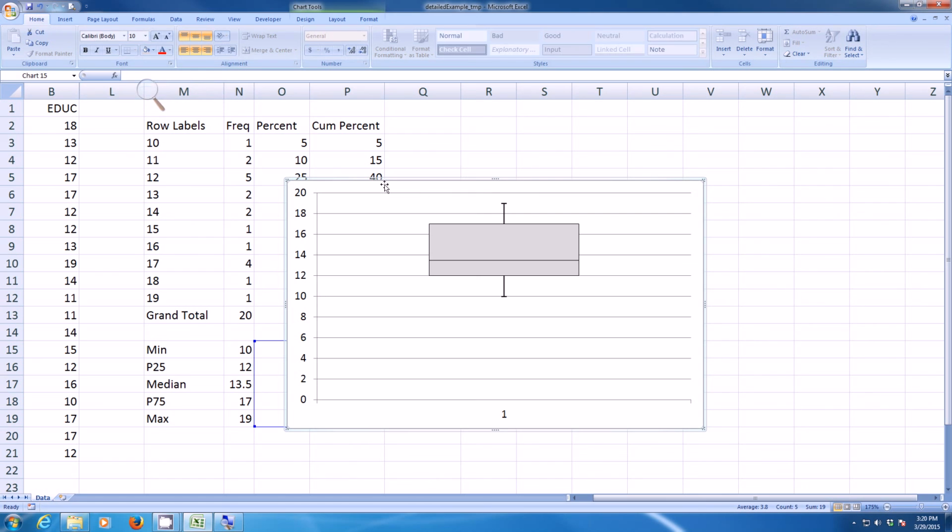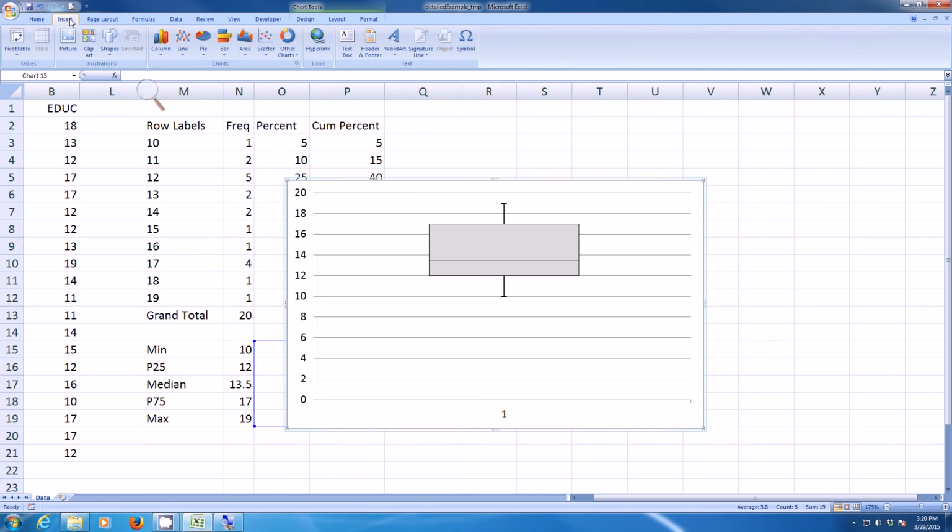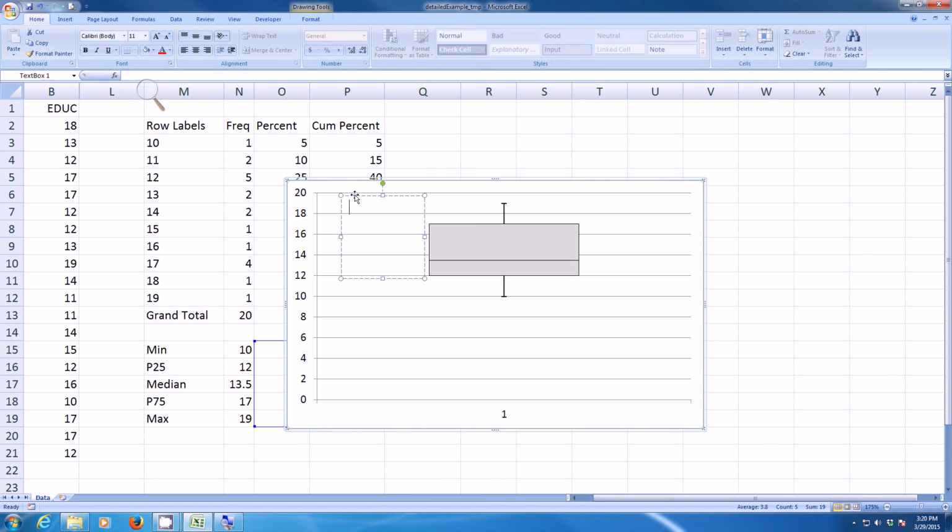And so we can just add a few things. Again, if we just go to Insert, we add a text box. We can put that up here. We can add a title. Our title is going to be, maybe, Figure 1 box plot of education.